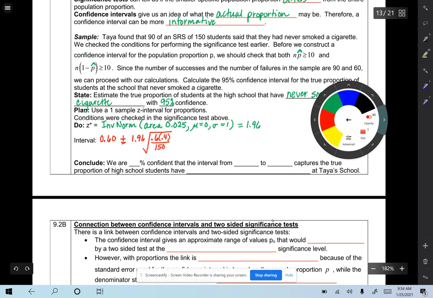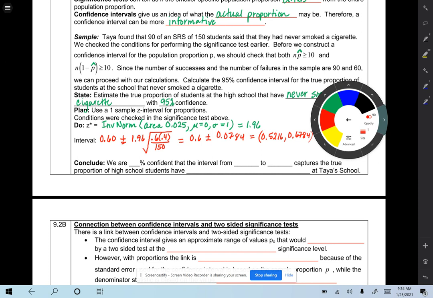And that gives us 0.6 plus or minus 0.0784. So our interval ends up being, lower bound would be 0.5216. So that's 0.6 minus 0.0784. And our upper bound would be 0.6 plus 0.0784, so 0.6784.